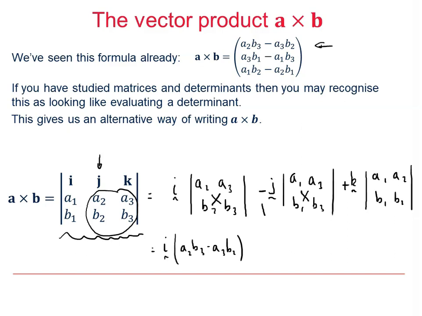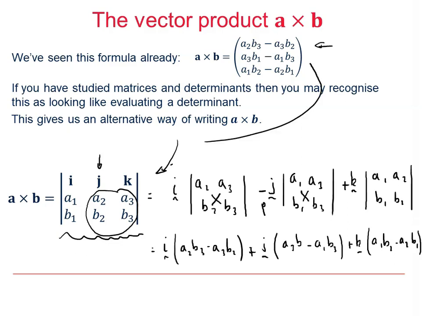But of course it's negative of that, so that gives us J multiplied by A3, B1 minus A1, B3. And finally, we get K multiplied by A1, B2 minus A2, B1. So indeed, this determinant of this 3 by 3 is exactly the same as this expression here.